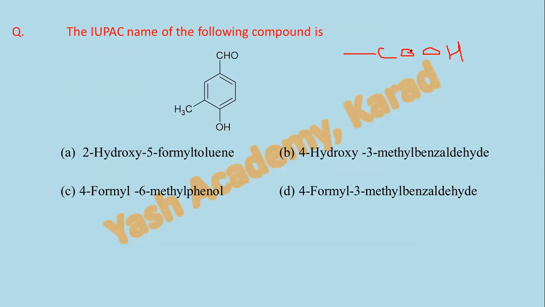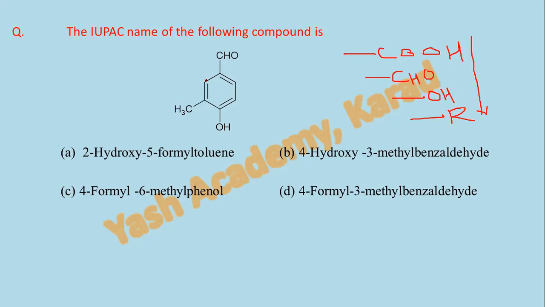This functional group occupies the higher position in the priority list. Then comes the aldehyde group, then OH, and finally R. As far as this structure is concerned, this is the priority list of functional groups from higher level to lower level.